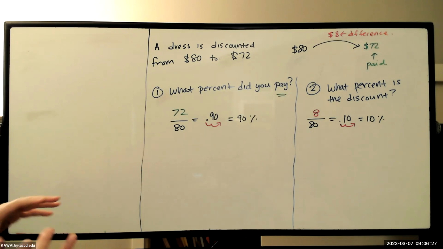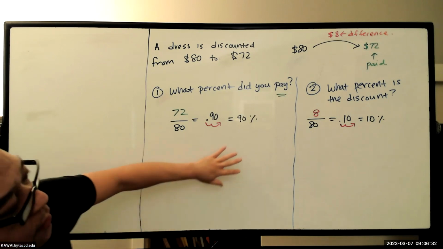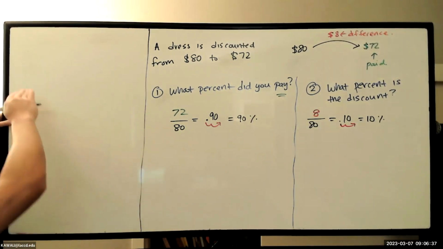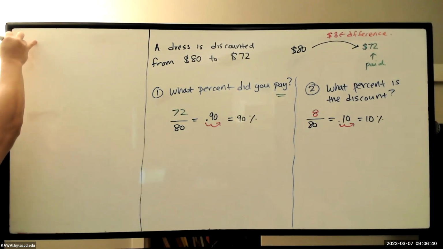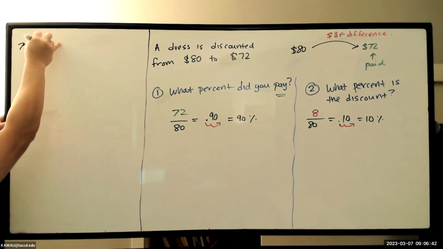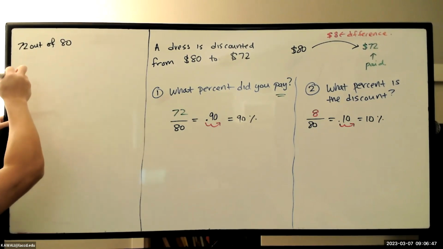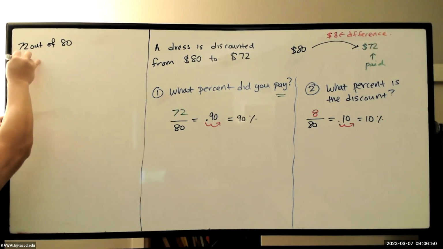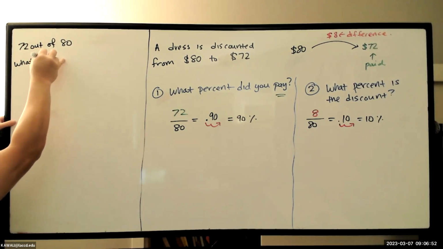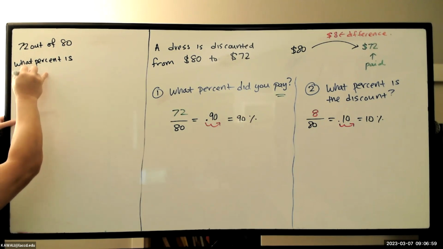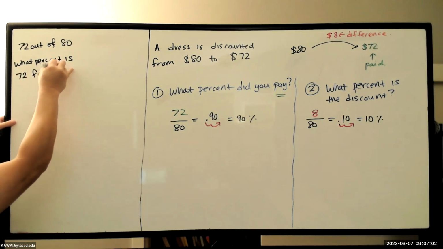Now, sometimes the words that they use will hint at whether we're looking at this one or this one. Sometimes they'll say 72 out of 80, or they'll say what percent is 72 from 80.